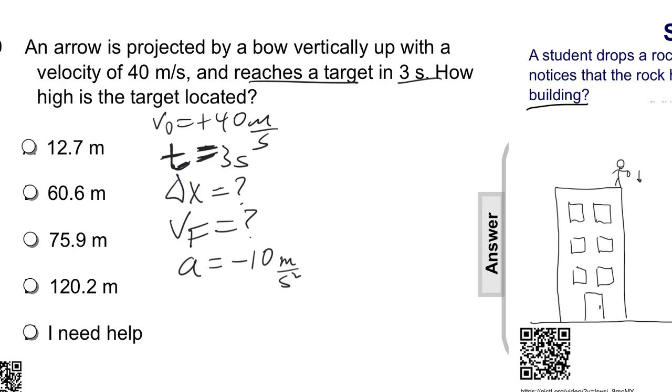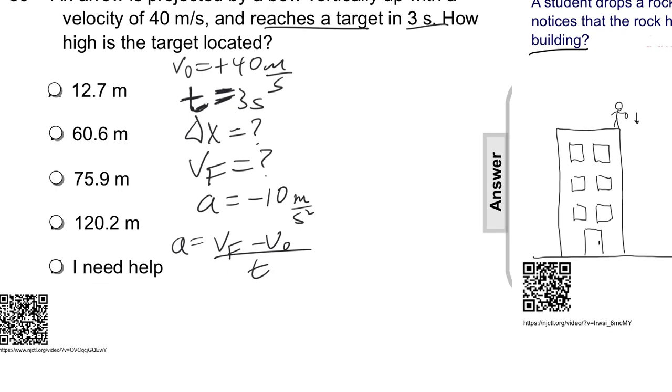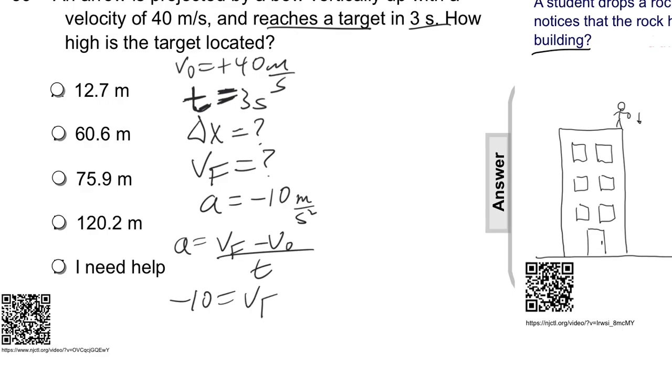Okay, anyway, let's find out what VF is using the acceleration equation. So negative 10 equals VF, which we can't assume is 0, minus positive 40 over 3 seconds.